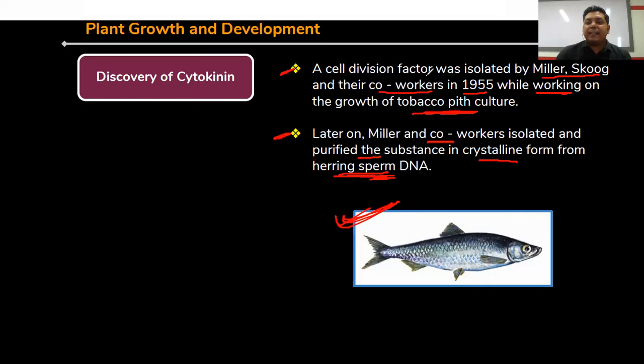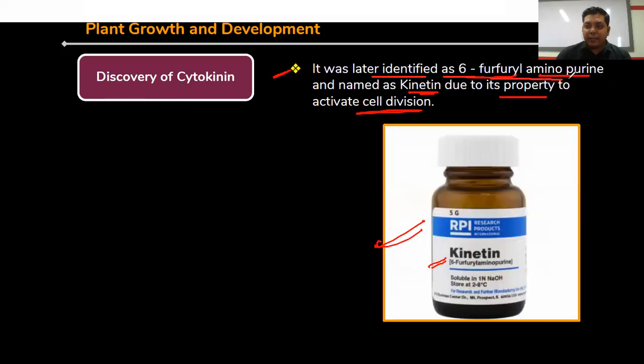It was later identified as 6-furfuryl aminopurine and named kinetin due to its property to activate cell division. So kinetin comes from kinesis. So the first discovered cytokinin is kinetin. Clear? And the chemical name of kinetin is 6-furfuryl aminopurine.